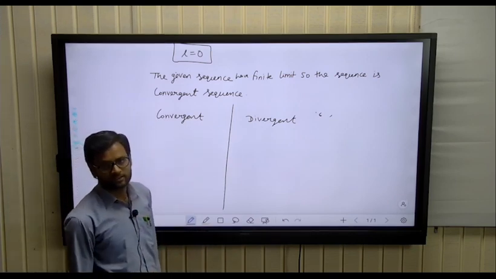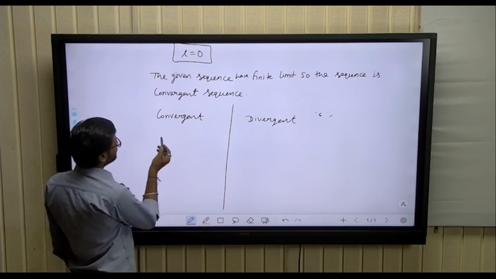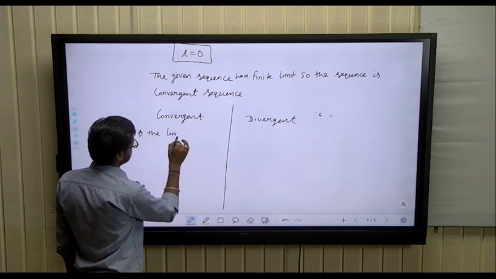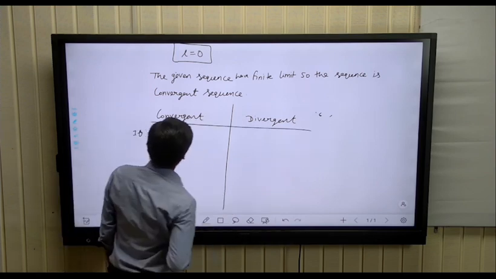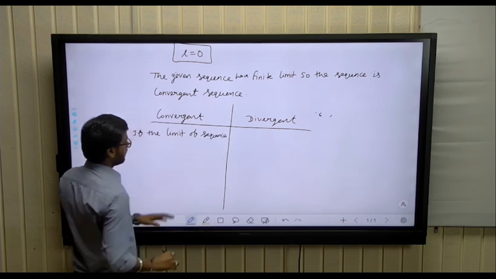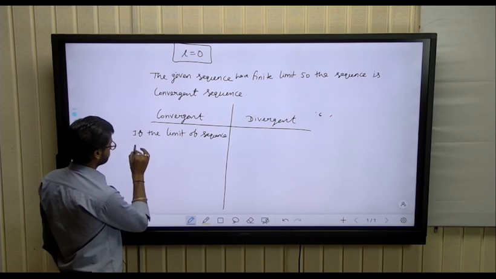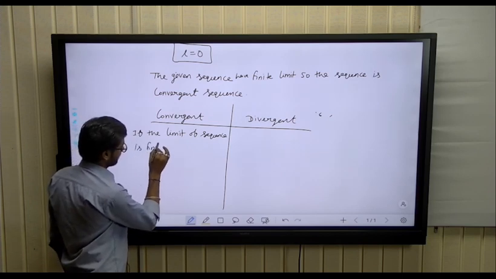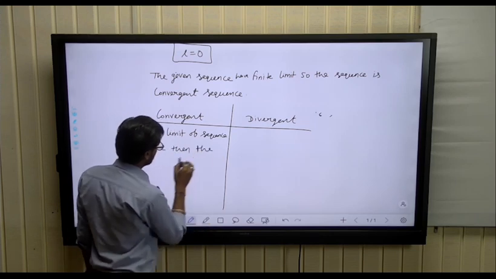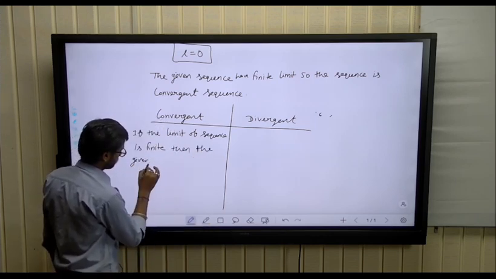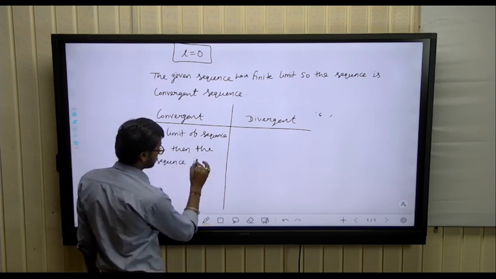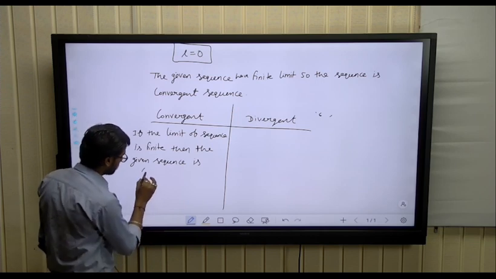Convergent says that if the limit of the sequence is finite, then the given sequence is a convergent sequence.